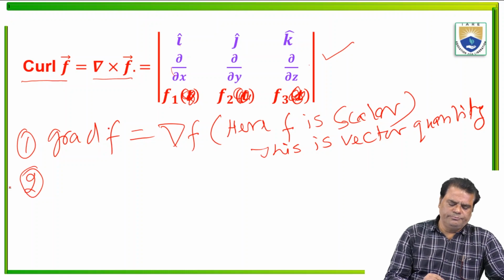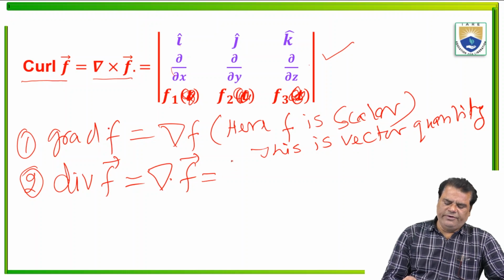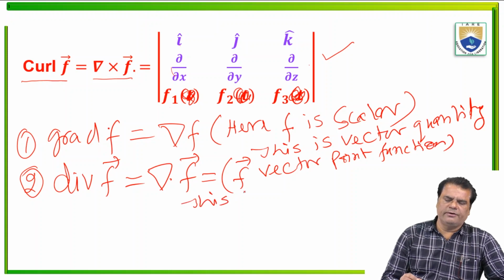Number two, divergence f, del dot f vector. Here f is a vector point function, but this is a scalar quantity.